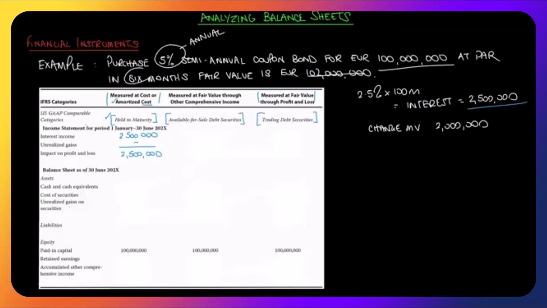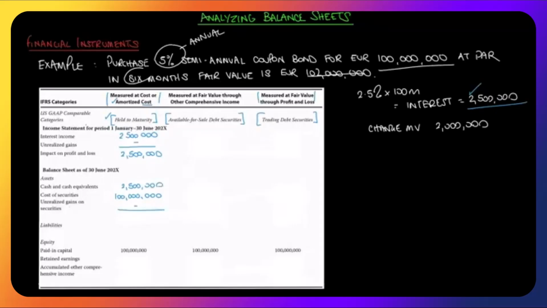In the balance sheet, 100 million is our cost. So the cost of securities, 100 million. I'm assuming it was bought at par, so there's no amortization to worry about. Unrealized gains, no. We don't recognize the unrealized gains. What we have received is the coupon interest, so 2.5 million in cash.